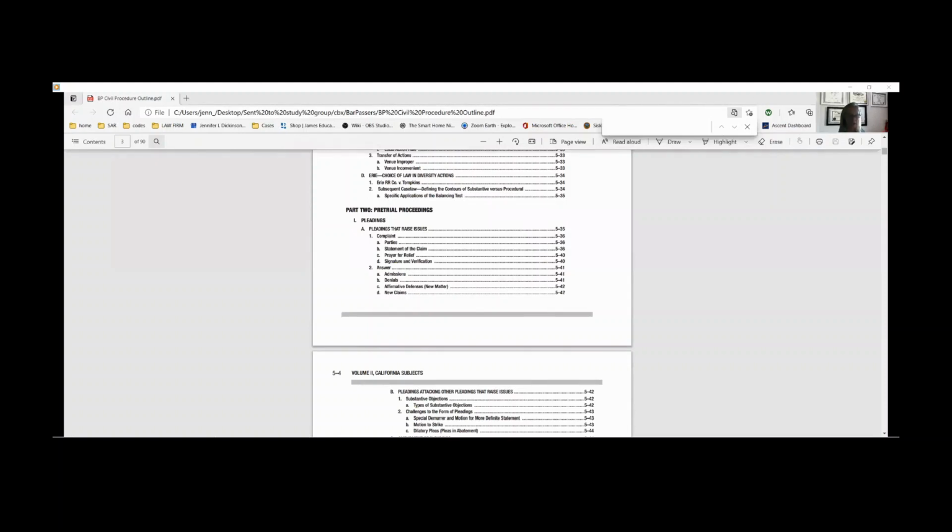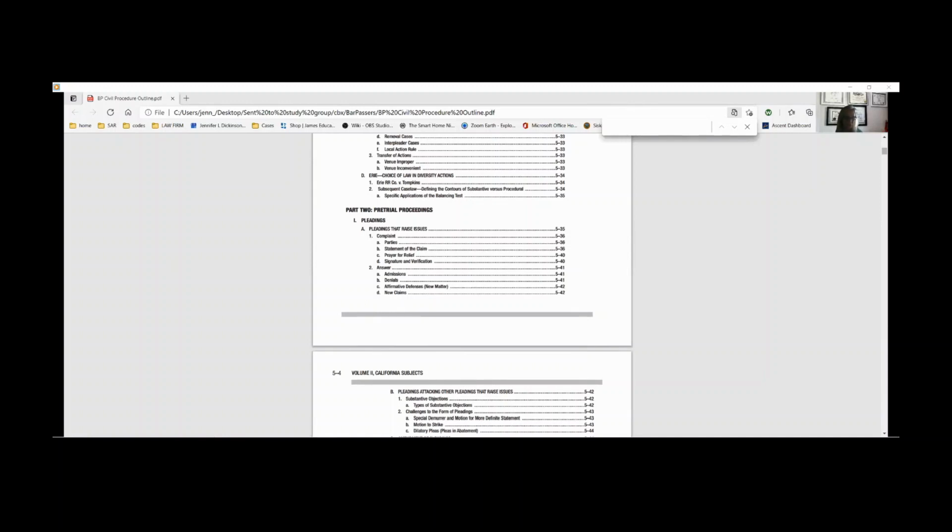The defendant filed a motion to dismiss because there was a failure to state a claim in the complaint, and the court denied that motion. Was that motion proper? Well, how are you going to know that if you don't know the elements of what a complaint is, and you don't know the elements of the motion to dismiss?